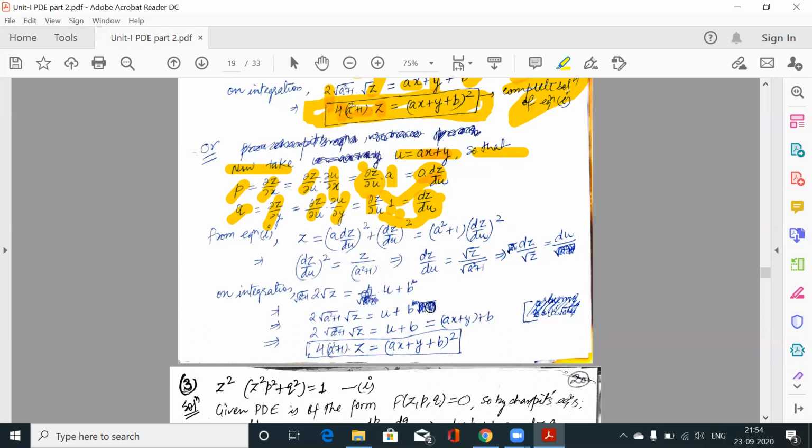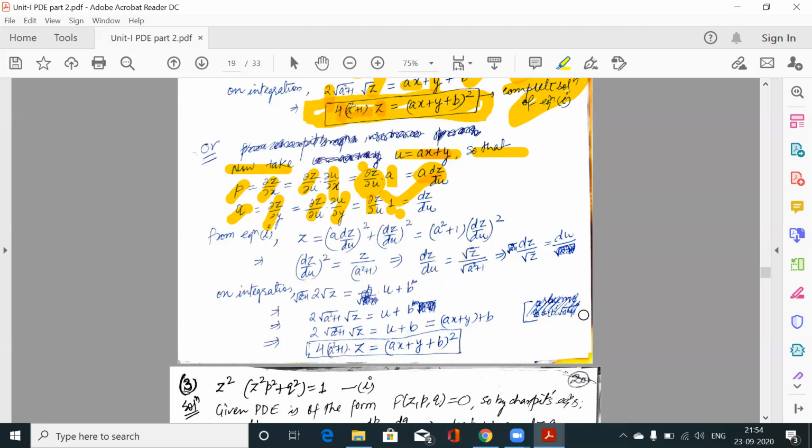So what is the separation method? Here we have two variables, z and u. If we can separate the terms of z and the terms of u, we can apply the separation method. I mean, directly we can integrate. So this is dz and this is square root z. If we keep this on this side and du on this side, separation is possible.